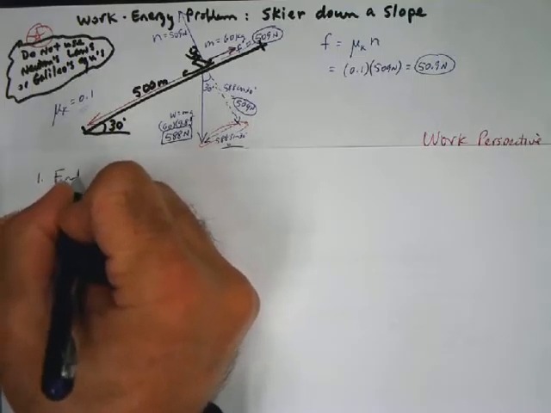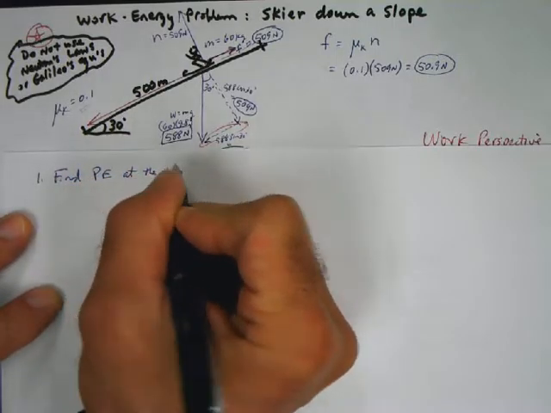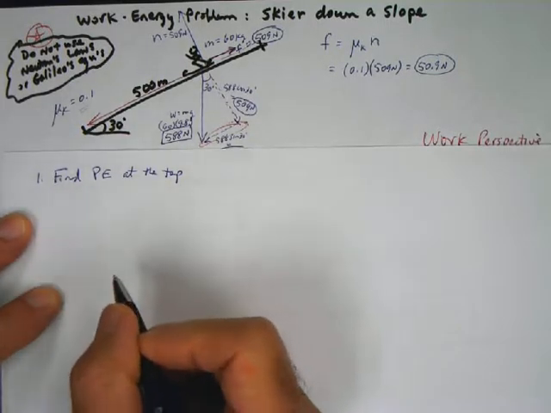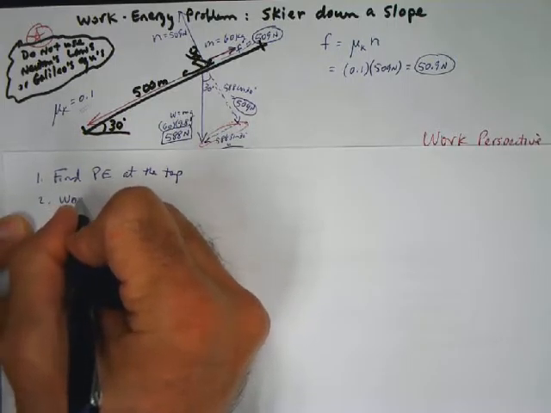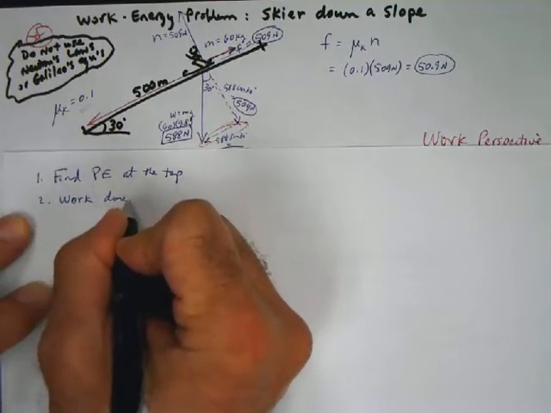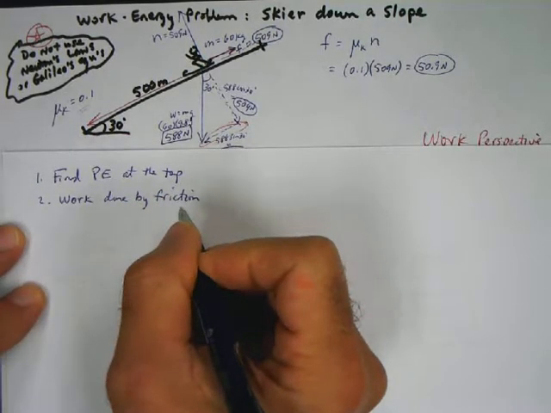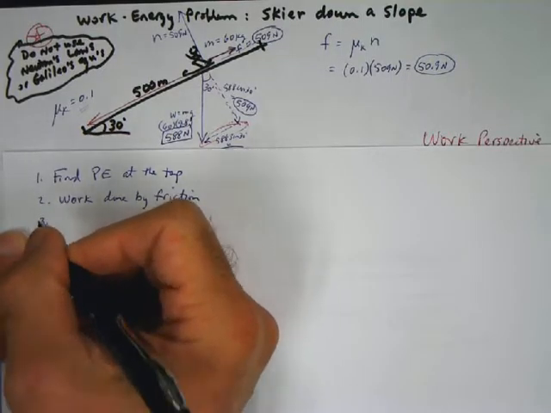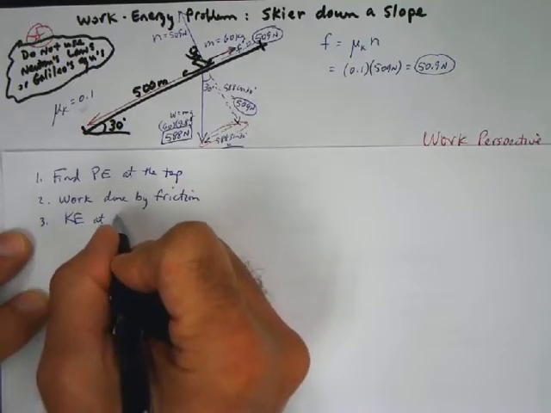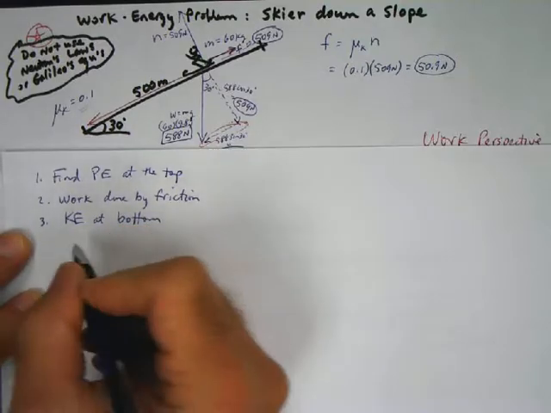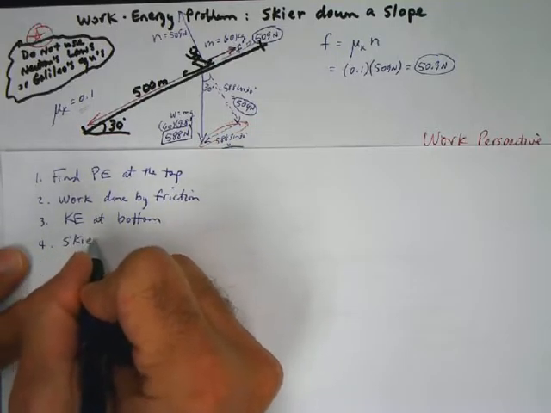Another question might be, how much work is done by friction? We already got that part right. Another part might be something like, what's the kinetic energy of the skier at the bottom? And then maybe a fourth part of the question might be, what is the skier's velocity at the bottom of the hill? So those are some questions we could address.